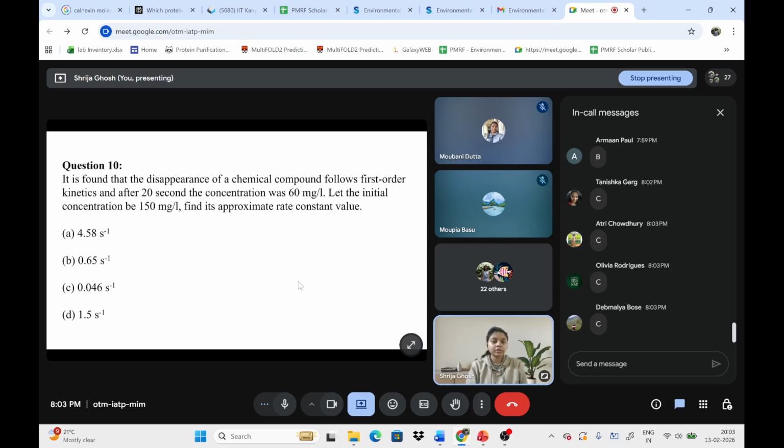Okay, I can see 4 people have answered option C. What about others? I'll wait till others also solve and then I'll discuss.